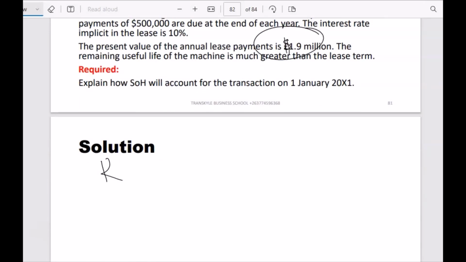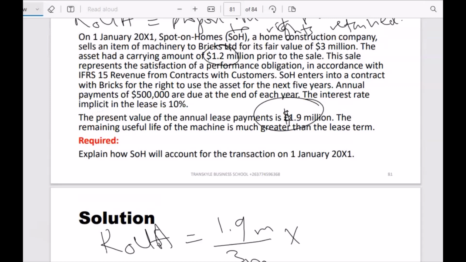So our right-of-use asset is going to be the present value of future payments versus the fair value, which is 3 million, multiplied by the carrying amount. The carrying amount was 1.2 million.